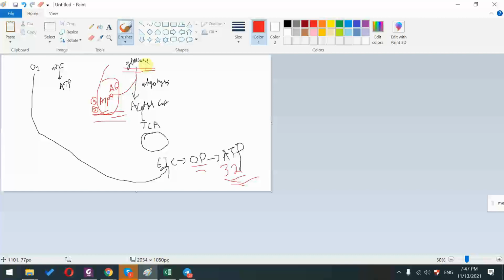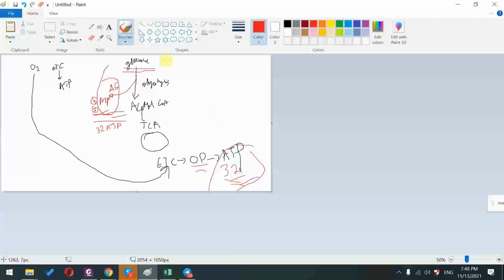Because you will be utilizing 16 glucose to make the same amount as from 1 glucose. So for 16 glucose, you will make 32 ATP in the case of anaerobic glycolysis, and to make 32 in the case of aerobic glycolysis and oxidative phosphorylation, you need only 1 glucose.